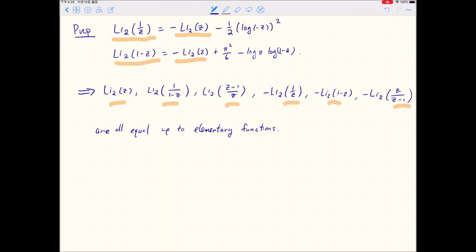And this is kind of the basis for us to define the relationship between the Dilogarithm functions.